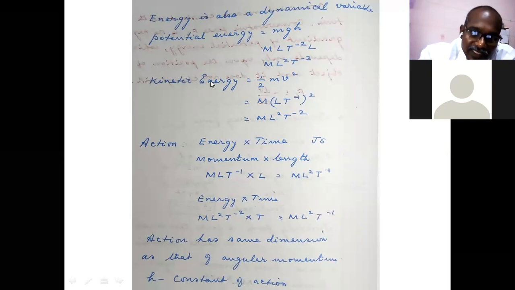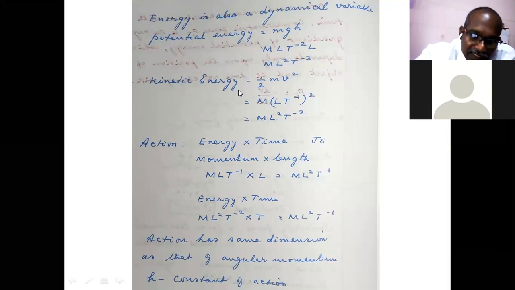What is kinetic energy? Energy possessed by a body by virtue of its motion. So potential energy is mgh, mass m. What is g? Acceleration due to gravity. What is acceleration? Length per second square. And what is h? H is height, it is another length. So look at the dimension, M L square T power minus 2.